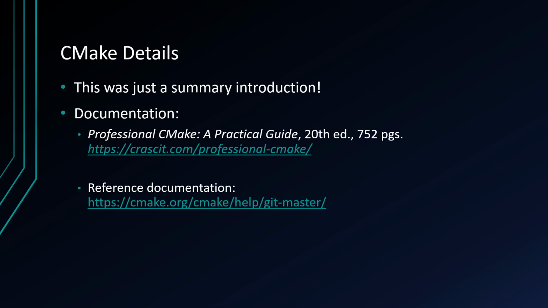Again, this was just an introduction to CMake. There's an excellent book. It's an ebook. I think it costs $30. He's on his 20th edition. He's a contributor to CMake over time, so he's familiar not only with how to use it from the outside, he's familiar with how it works on the inside.